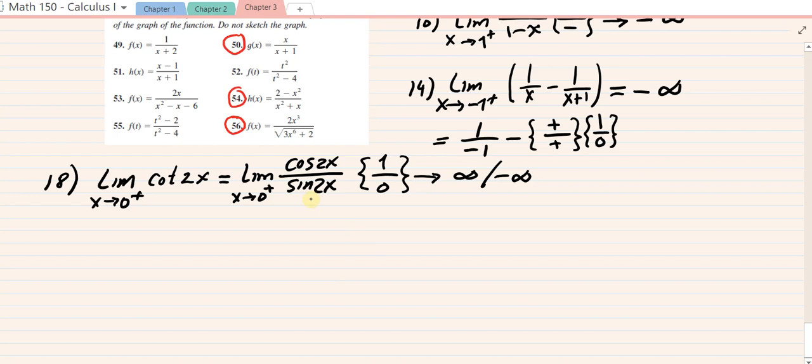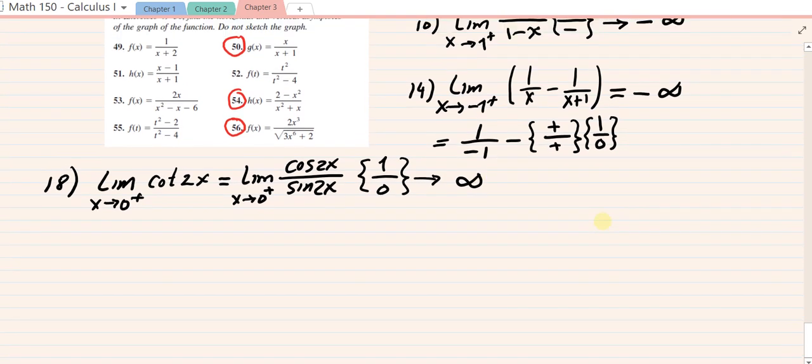As x goes to 0 from the right, the denominator approaches 0, but it approaches 0 through positive values, right? Therefore, in this case, we're going to call this limit infinity. Again, because we're approaching 0 through positive values, both on top and on the bottom.